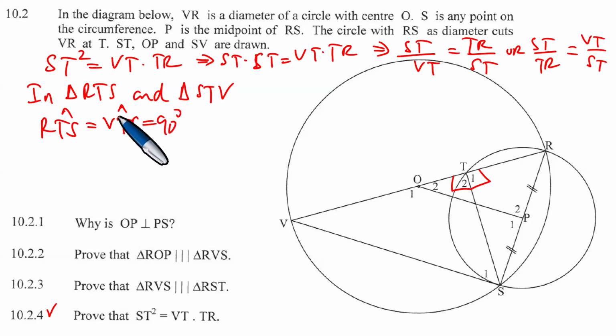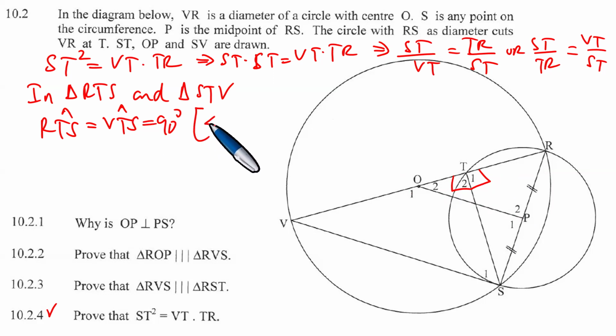Why? Okay, because this is a straight line, so 90 plus 90 must be 180 degrees. Adjacent angles on a straight line add up to 180 degrees, so that if one is 90, the other one must be 90, because they must add up to 180 degrees.